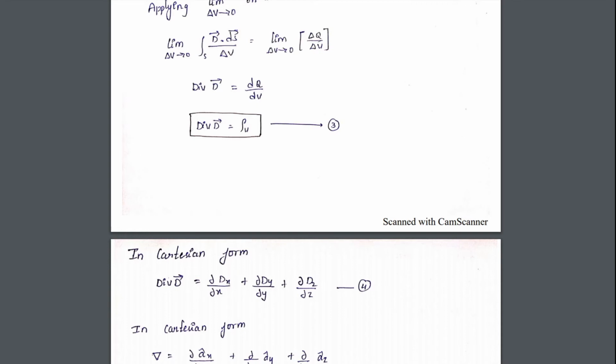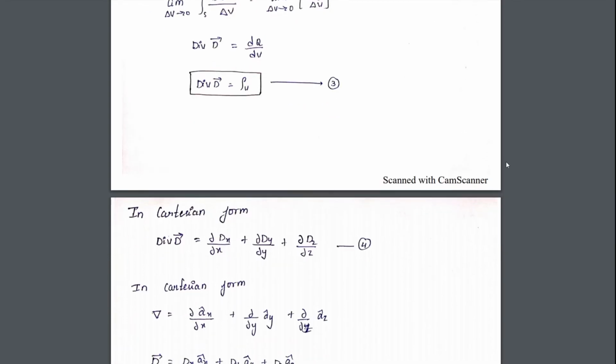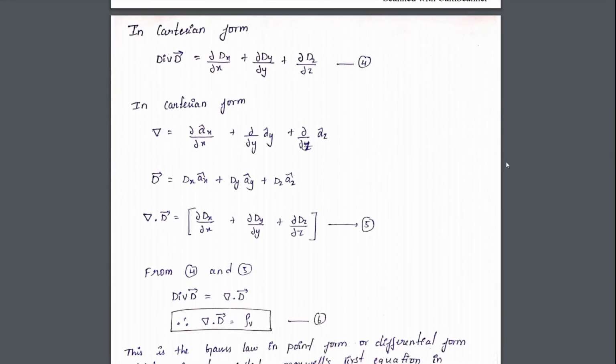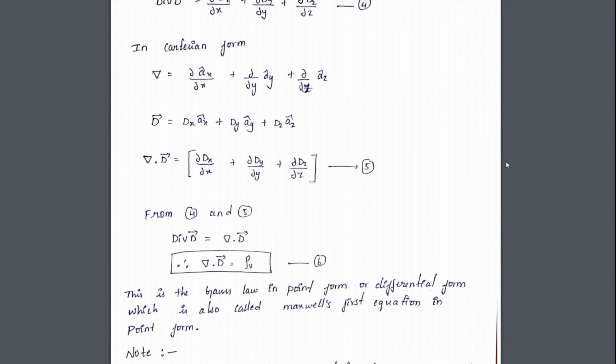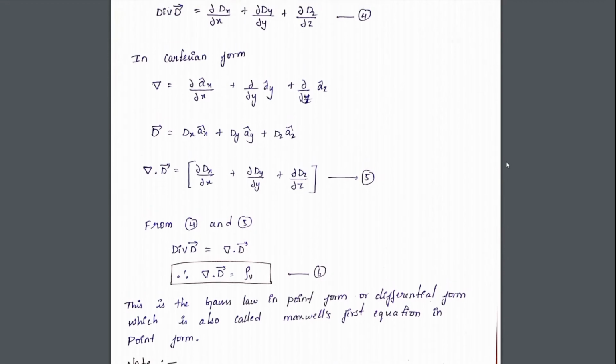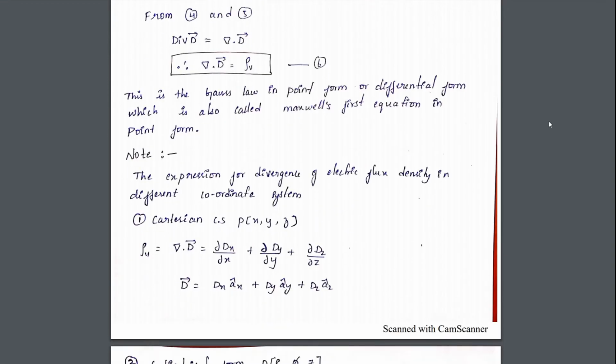And in cylindrical, what are the coordinates? You know it is rho, phi and z. So the divergence in cylindrical form, you should know how to read it. So how do you read this equation? 1 by rho, dou by dou rho of rho into D rho, plus 1 by rho, dou D phi by dou phi, plus dou Dz by dou z.